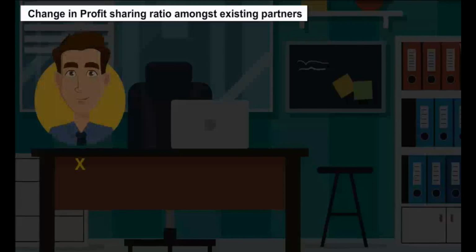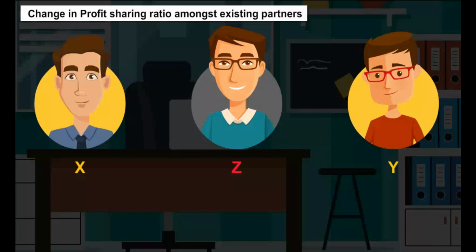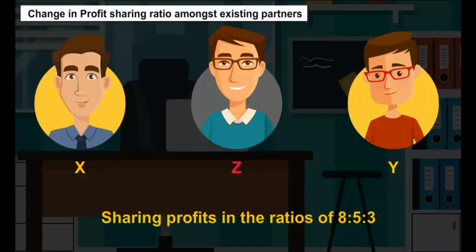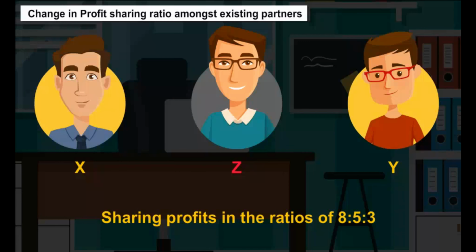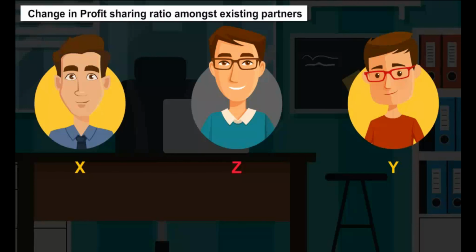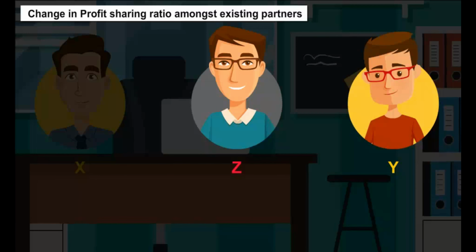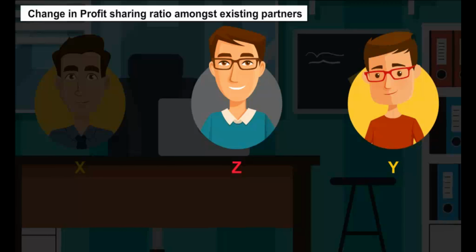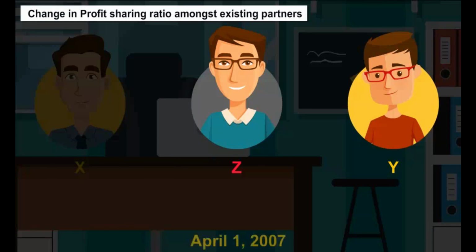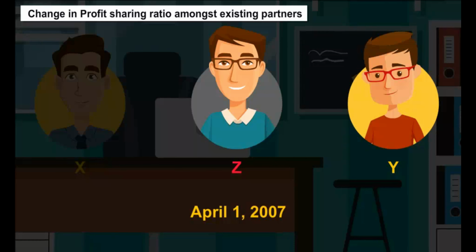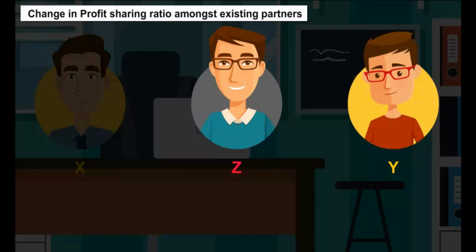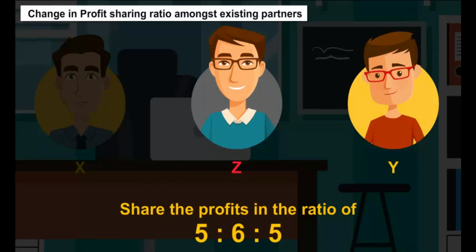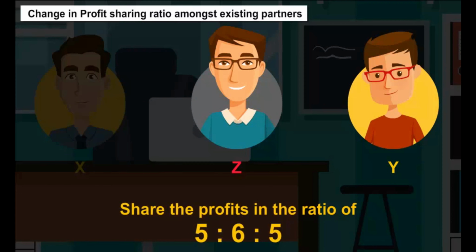For example, X, Y, and Z were partners in a firm sharing profits in the ratio of 8:5:3. It is felt that X will no more be able to actively participate in the affairs of the firm. Hence, with effect from April 1, 2007, they decided that in future they will share the profits in the ratio of 5:6:5.